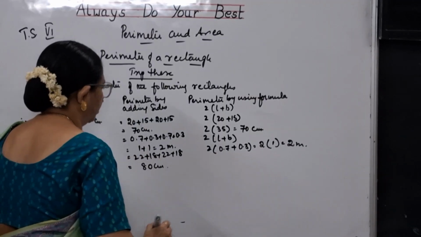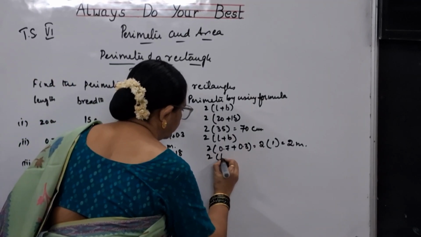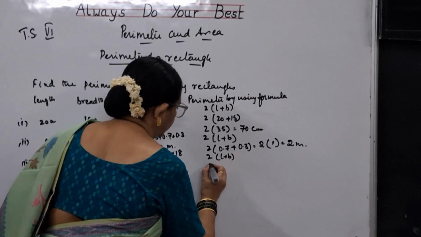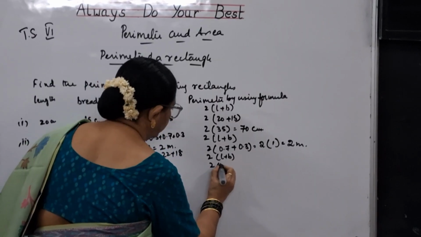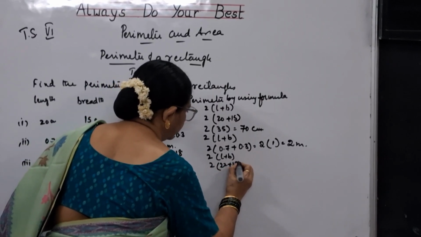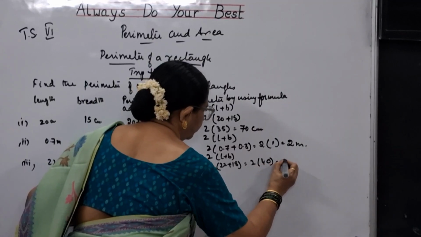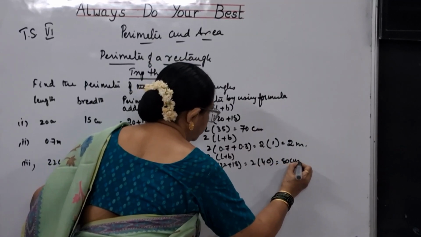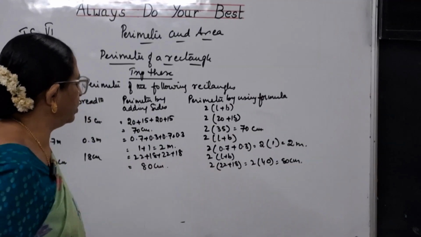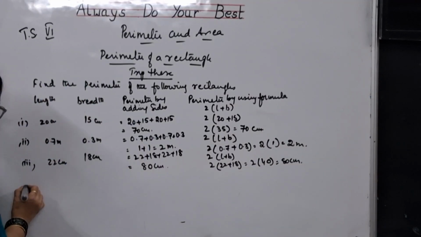The same thing here, if you use 2 into (L plus B), that is 2 into (22 plus 18), 2 into 40, 2 forties are 80 centimeters. So in both the cases, you are getting the same.